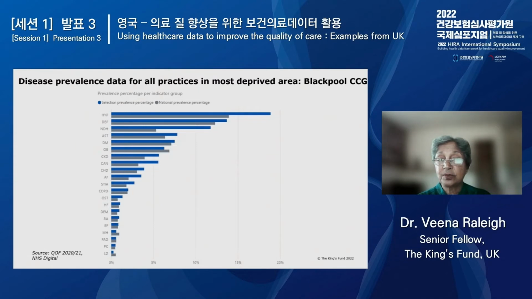And that compares with a figure of about 14% nationally. Similarly, much higher rates of prevalence of disease for all the other conditions as well. So that's one of the examples of where data is used both at geographical level and at GP level, but this is aggregated data taken straight out of GP systems. Next slide, please.